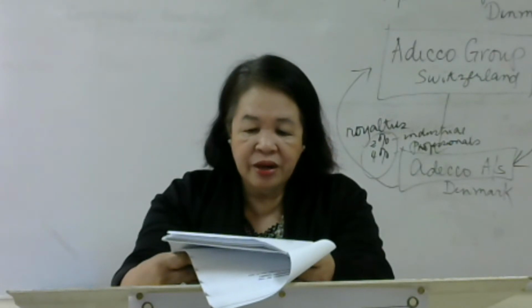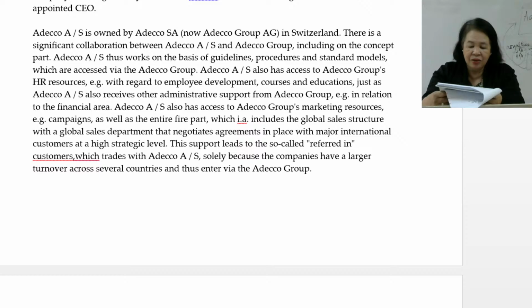So in relation to the financial area, Adecco AS also has access to Adecco Group's marketing resources, campaigns, as well as the entire sales part, which includes the global sales structure with the global sales department that negotiates agreements in place with major international customers at a high strategic level. So ano ibig sabihin ng high strategic level?